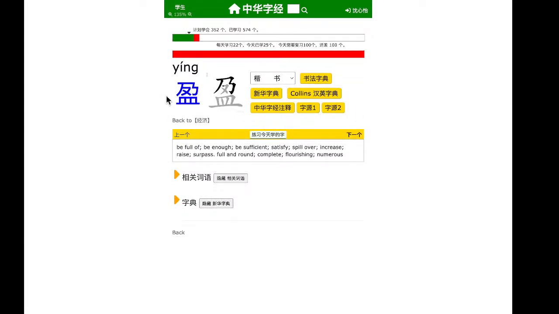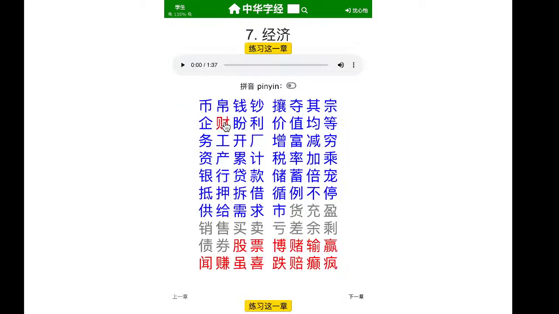营. This is one of those words where this at the bottom refers to a container. 营 means to be full of or be sufficient and satisfied. Full and round, complete. Flourishing. So this 充盈, when you put together two characters with a similar meaning to make a word that means the same thing.